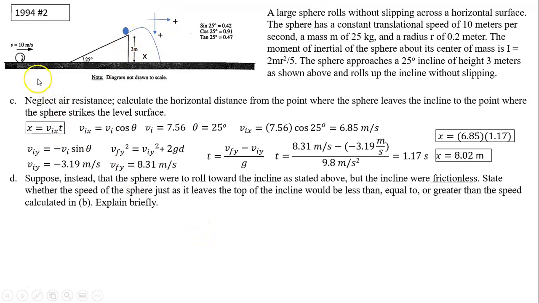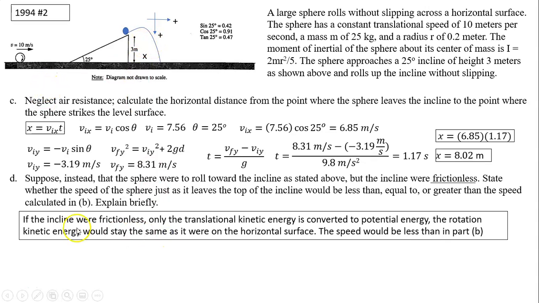If there were no friction, the rotational energy, 1/2 I omega squared, is not going to change into potential energy. So if the incline were frictionless, only the translational kinetic energy, 1/2 mv squared, is going to be converted into potential energy. The rotational kinetic energy, 1/2 I omega squared, would stay the same over here as it was on the horizontal surface.